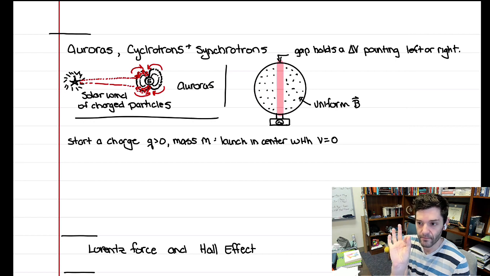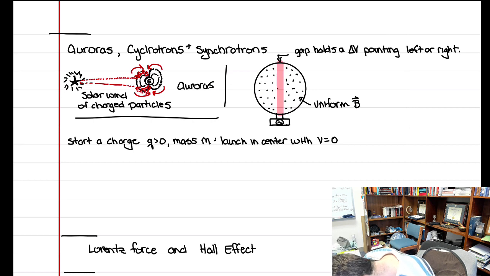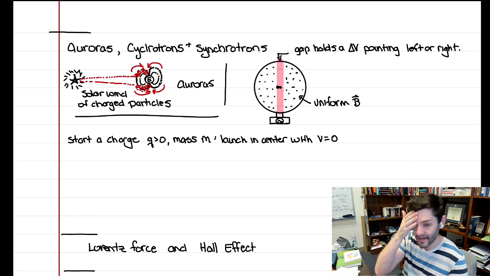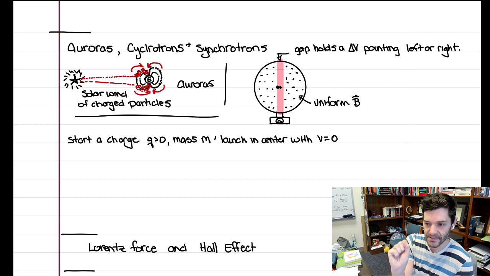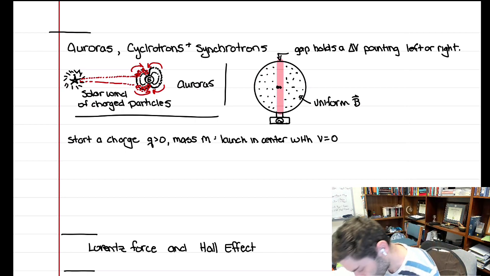It then will accelerate through the gap. So if I have it near the center, maybe it starts here, big circle, and it accelerates through the gap. And again, the gap is very small, so it essentially just gives it a kick.